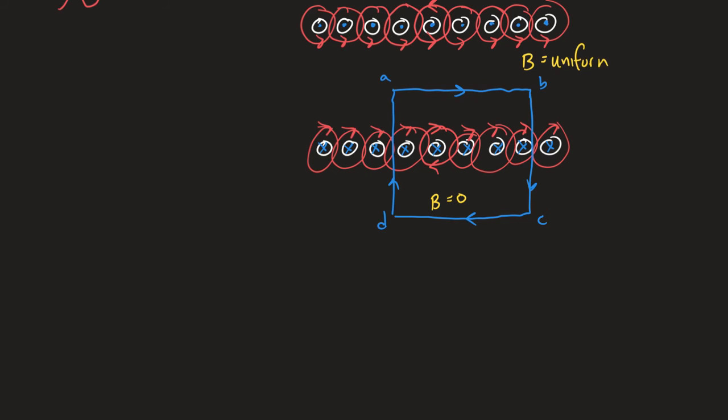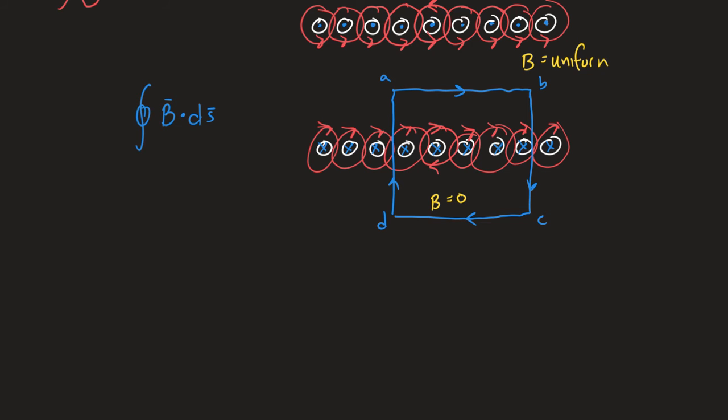So side DA and BC also represent portions of our loop. Half of that line is outside the solenoid, so that half will have no contribution to the line integral. But the other half won't have a contribution either, because the line integral is a dot product.